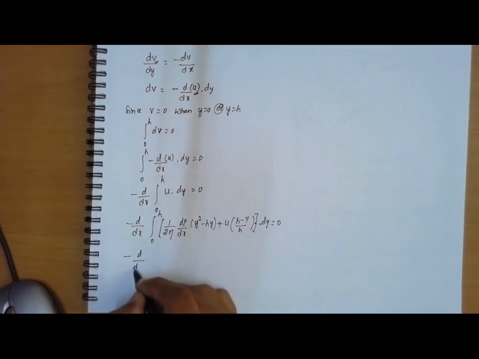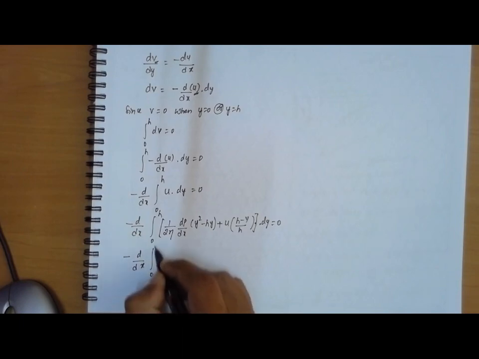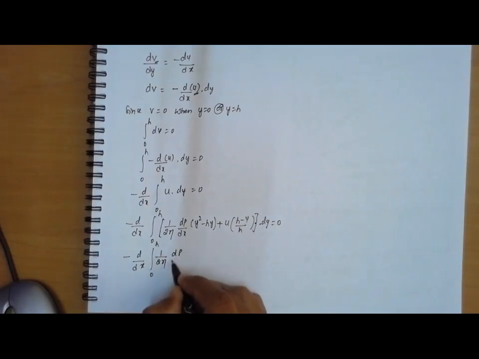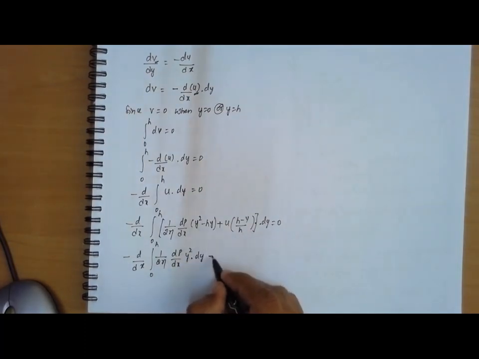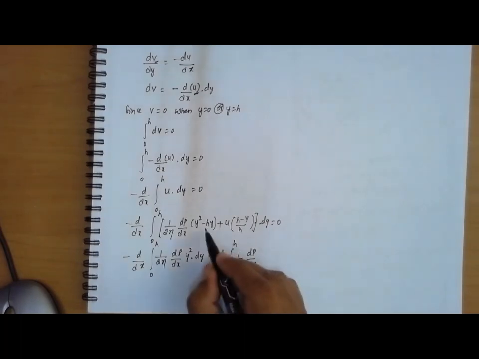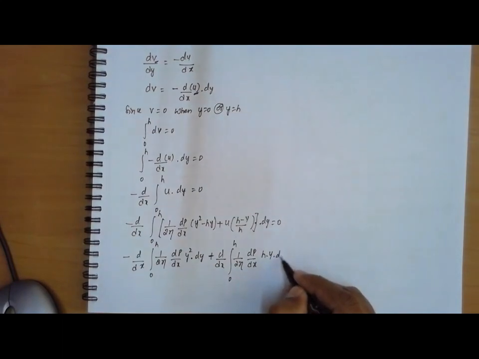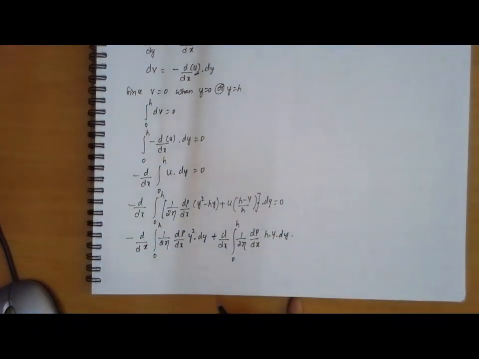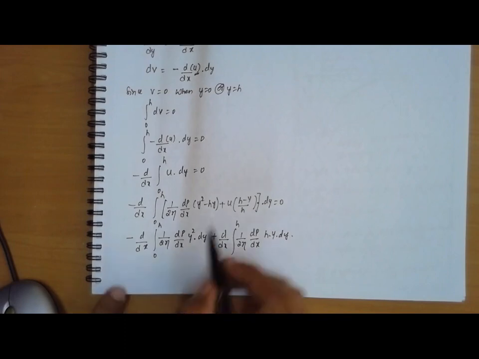Minus d by dx of the integral from 0 to h of 1 over 2 eta dp by dx y square into dy. The second term: minus into minus will become plus, so 1 over 2 d by dx of the integral from 0 to h of 1 over 2 eta dp by dx into h into y into dy.